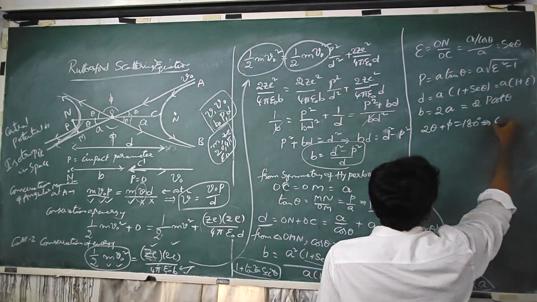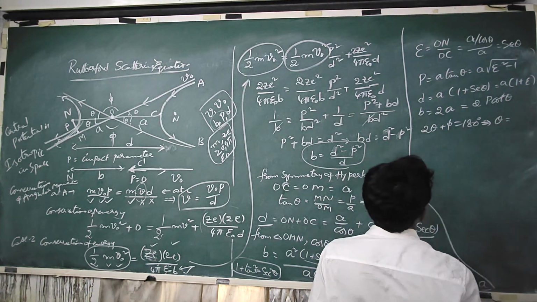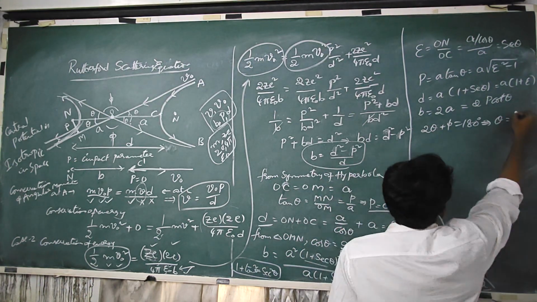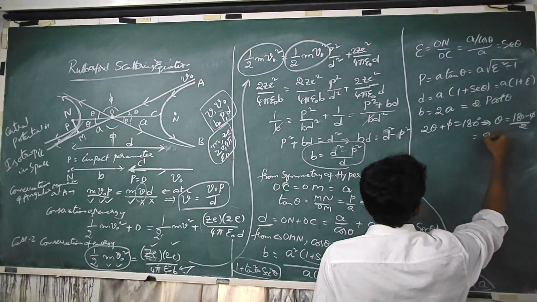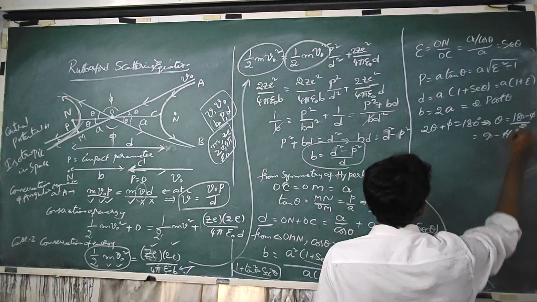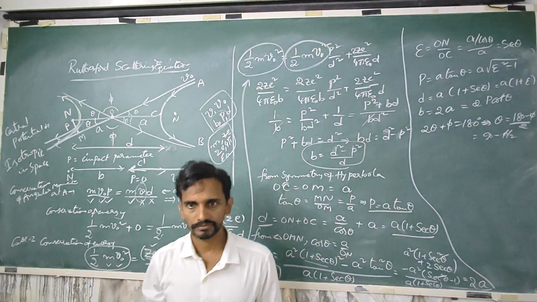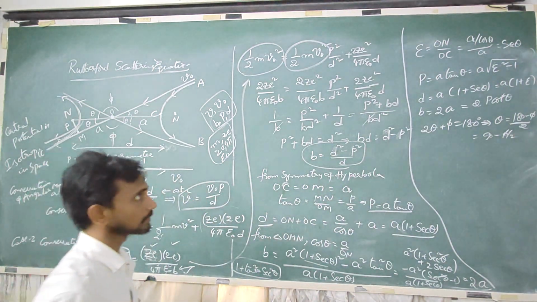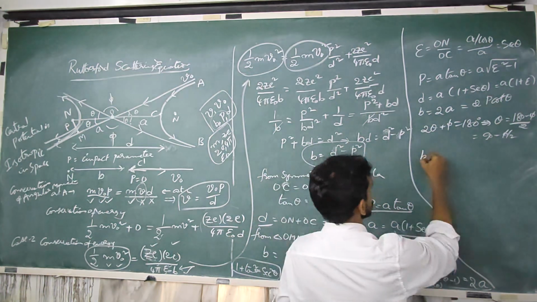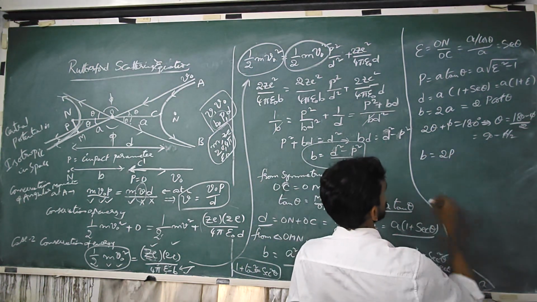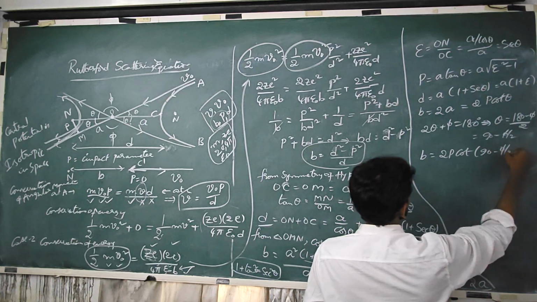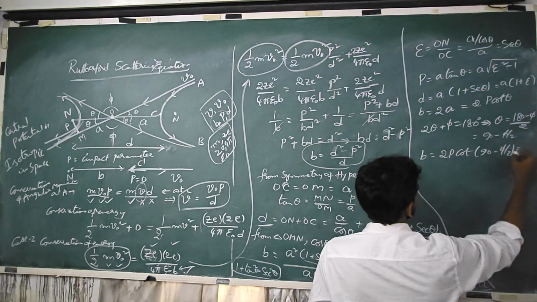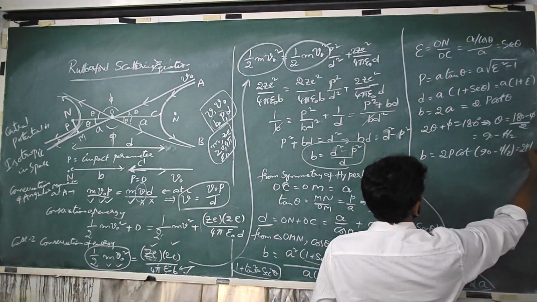So theta is 180 minus phi by 2, that is 90 minus phi by 2. So B is equal to 2P cot of 90 minus phi by 2, which is 2P tan phi by 2.